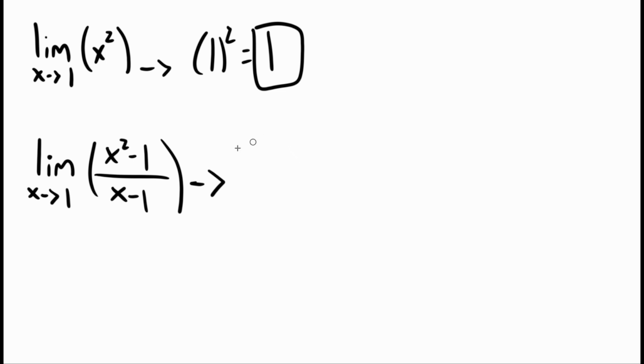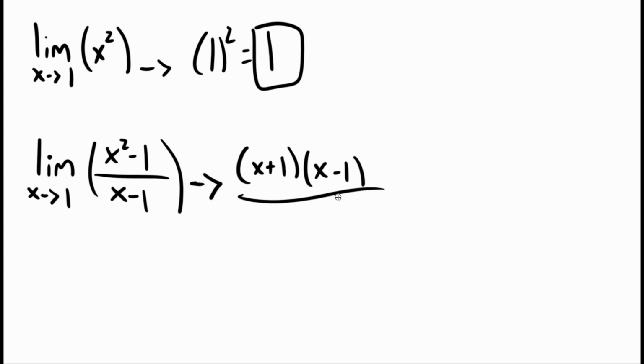These are extra things that we're doing to make sure that it's 0 or not 0. So we want to change this into x plus 1 times x minus 1, because since we're factoring, we want to be able to get rid of this, because 1 minus 1 is always going to equal 0.